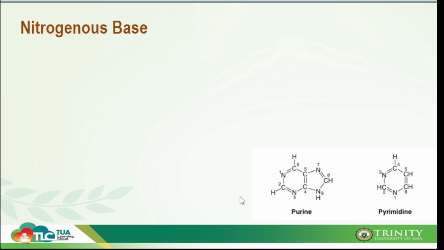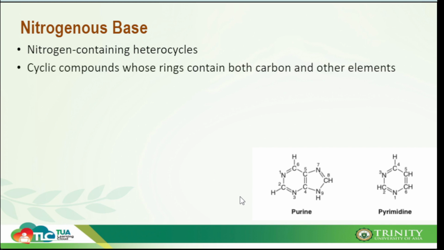Now, let's talk about the nitrogenous bases first. So the nitrogenous bases are nitrogen-containing heterocycles, okay? So they are ringed structures, these nitrogenous bases. They are cyclic or ring compounds containing carbon and obviously nitrogen, hence the name nitrogenous base, and other elements.